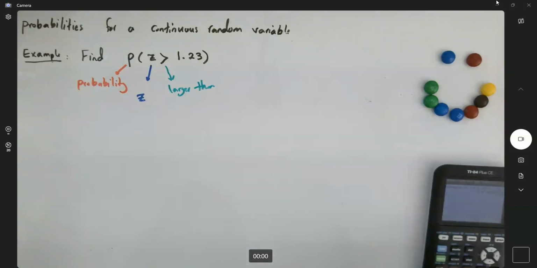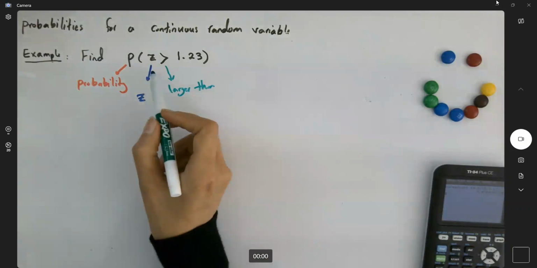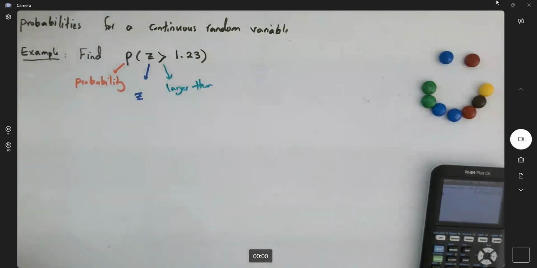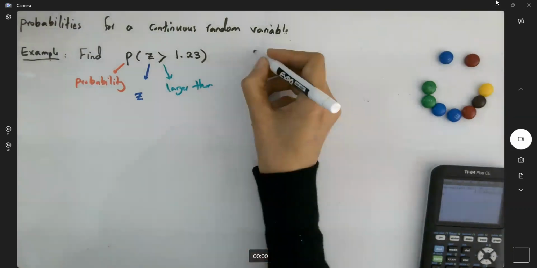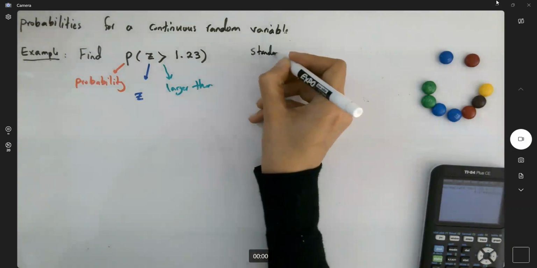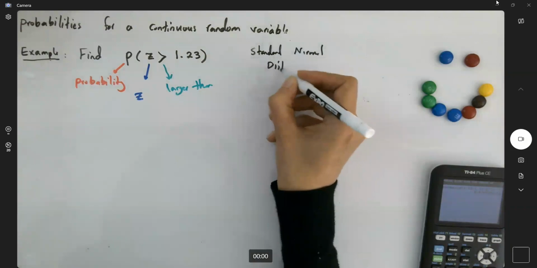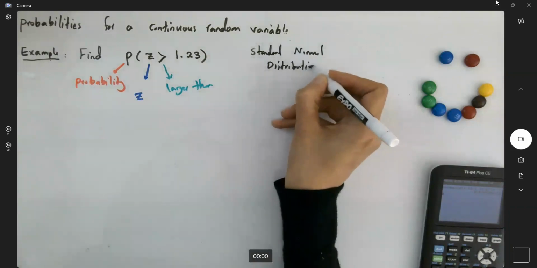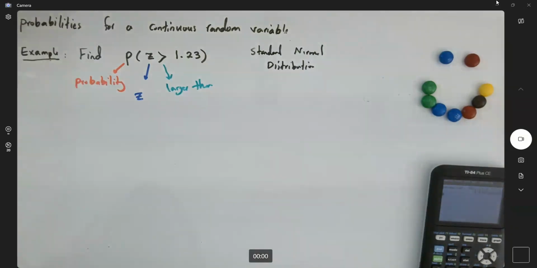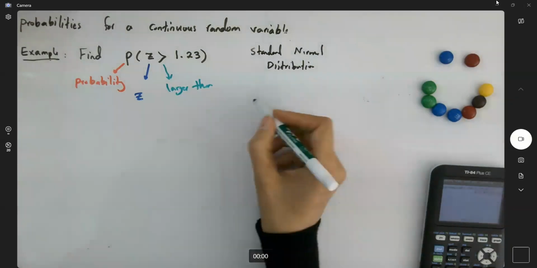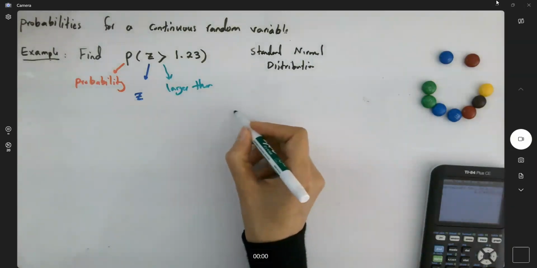What's the graph like? When we are talking about the z-score, it means that you are working with standard normal distribution. It means that our horizontal line has z values, okay, z-scores, right?